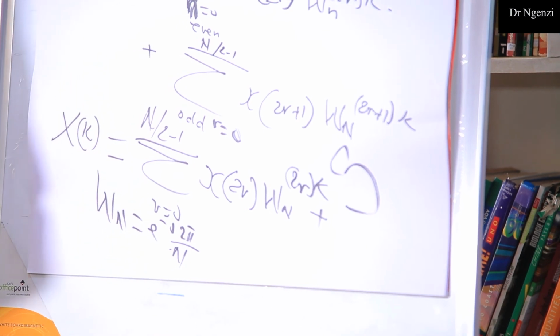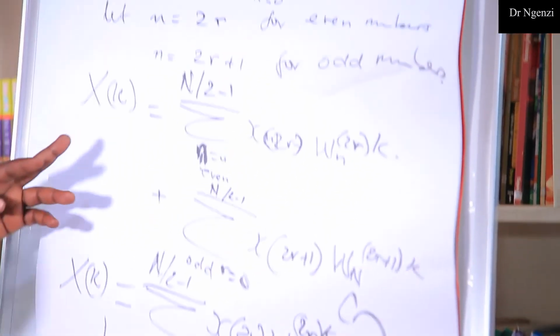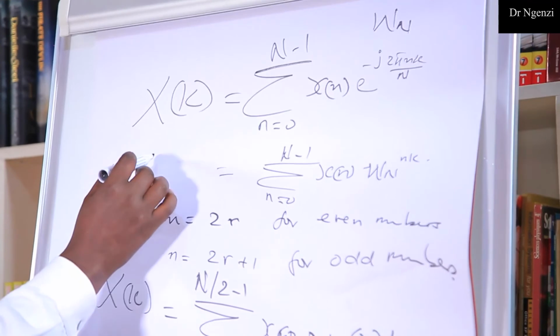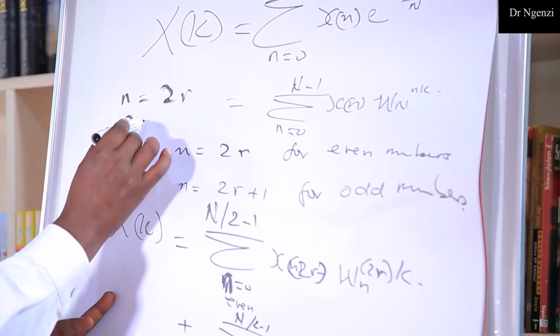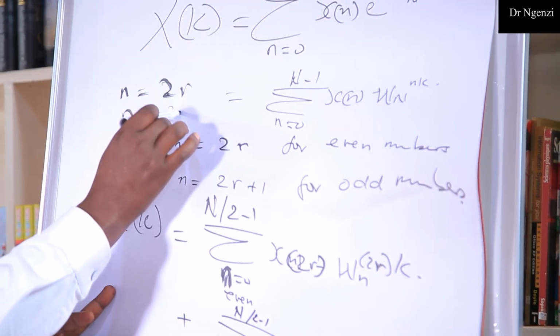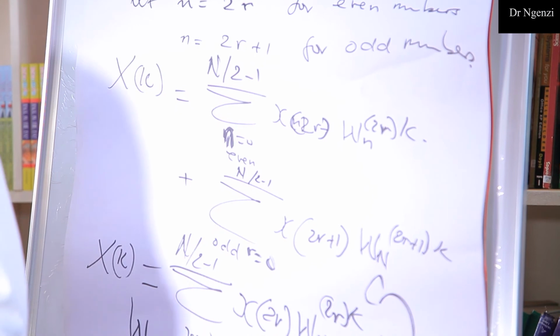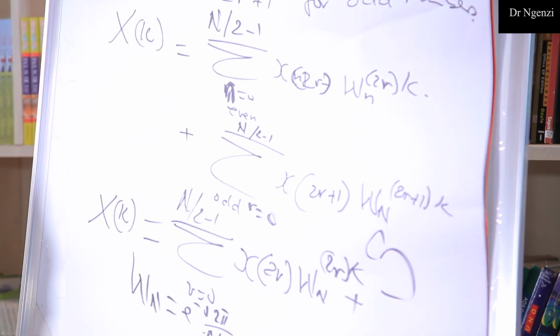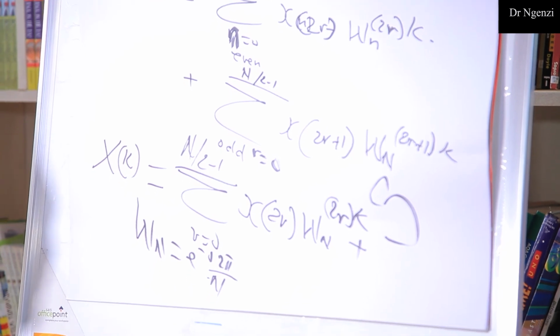We are only substituting the values of small n, where it can be 2r for the even values, and 2r plus 1 for odd values. As simple as that. The rest is our formula.